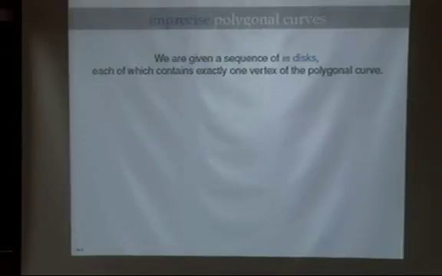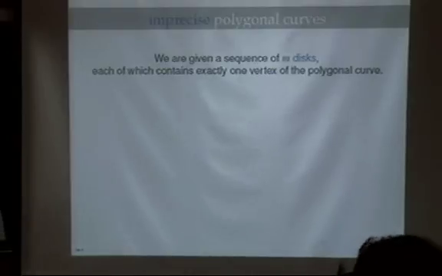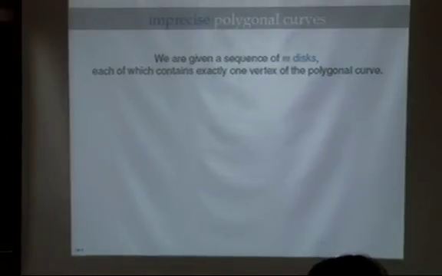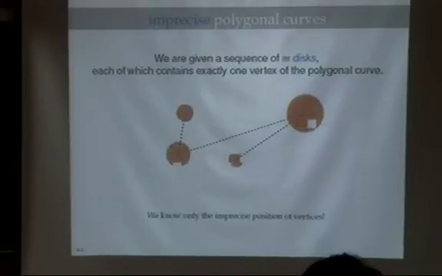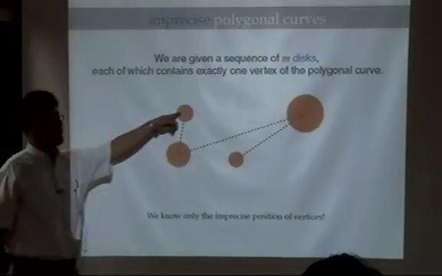But you can consider another problem. The dog is walking along the curve, but there is no dog that follows this curve precisely. He moves around and around. So we can model the problem like this. Instead of this precise polygonal chain, the dog is walking like that. At this vertex, the dog is somewhere here.